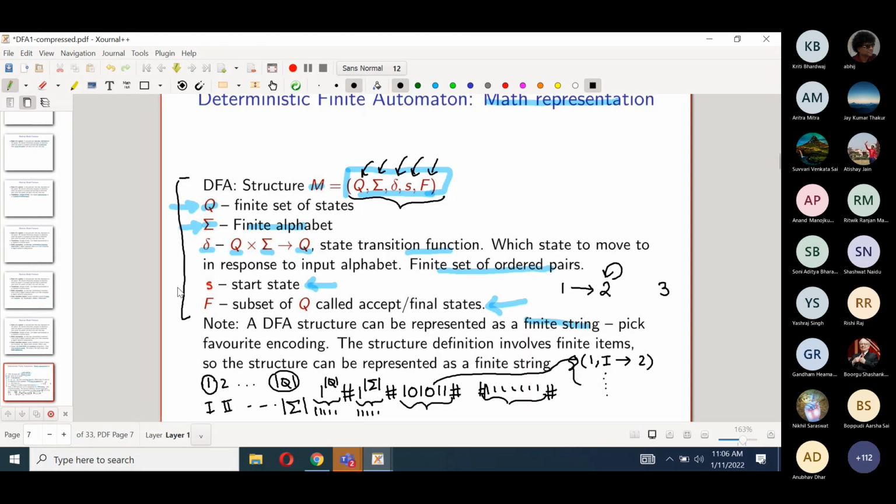And just one simplification is that you require these kind of machines, which fit this mathematical model, to start at a particular state. And there may be some special states which I'm going to call final states. I will tell you why this is required.